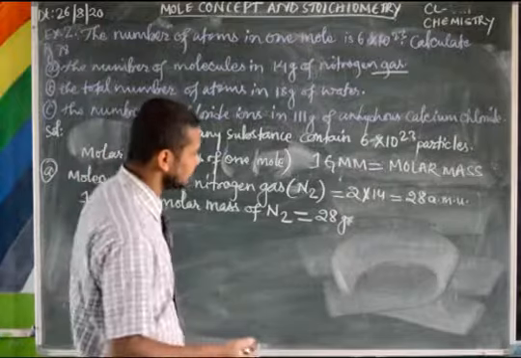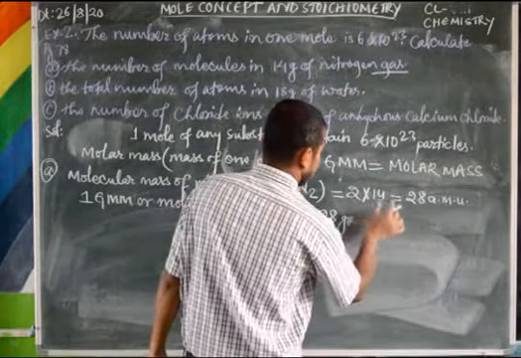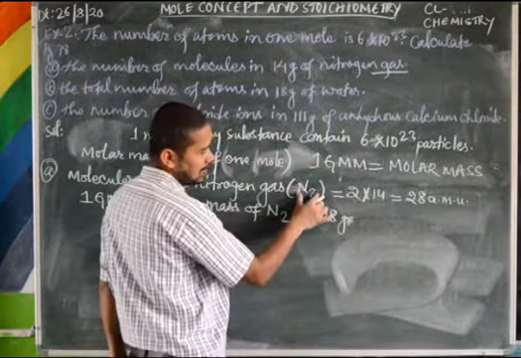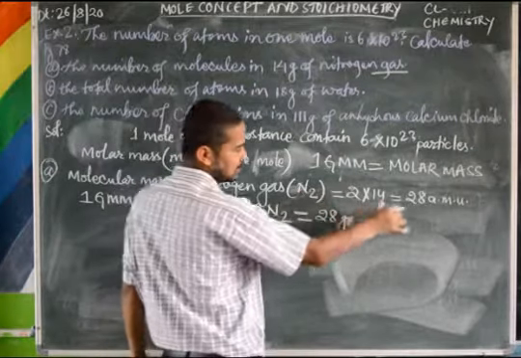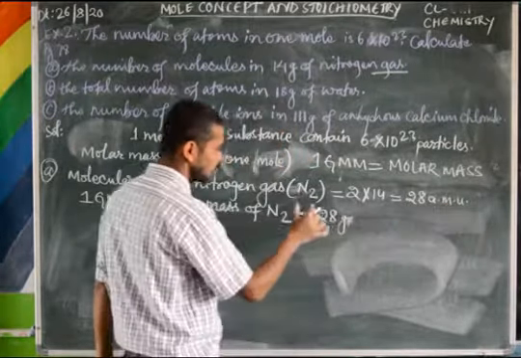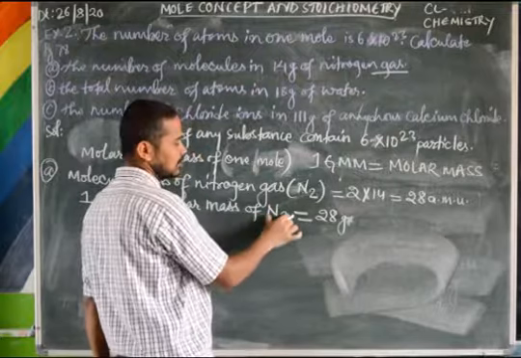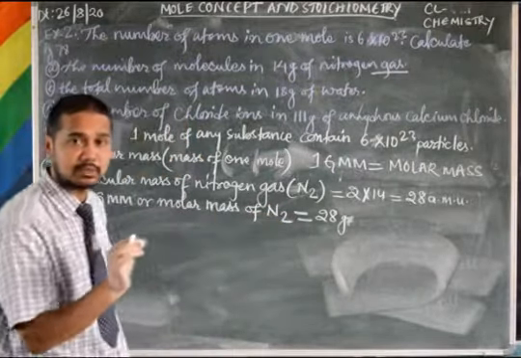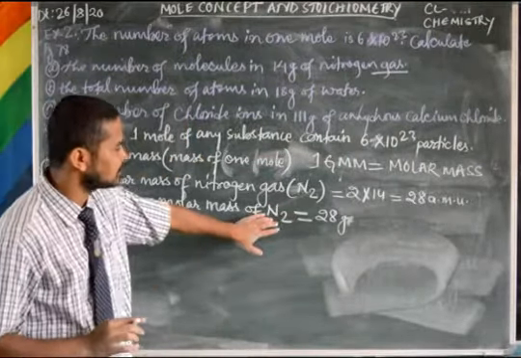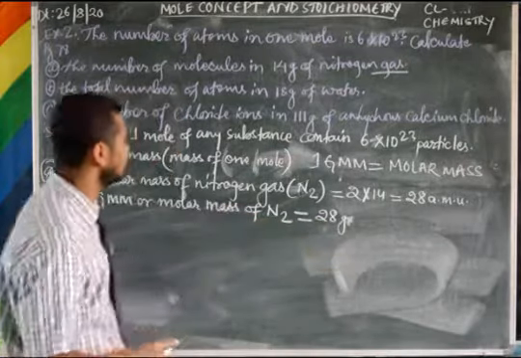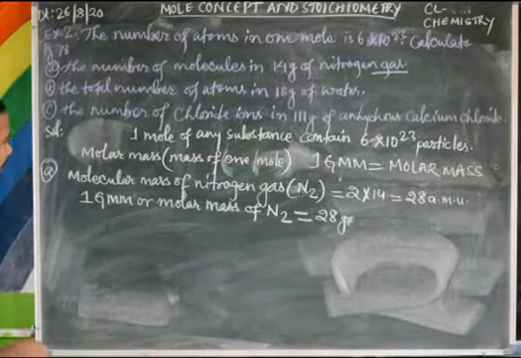So that means the mass of one molecule of nitrogen gas is 28 AMU. The mass of 1 mole of nitrogen, that means the mass of 6 into 10 to the power 23 molecules of nitrogen gas, is 28 gram. That means, can you write now?